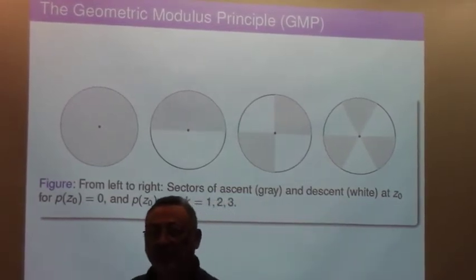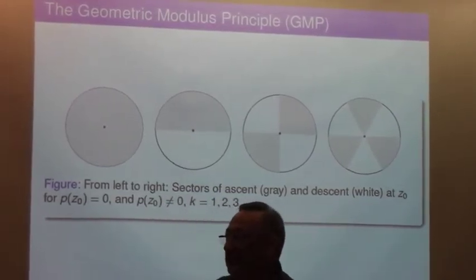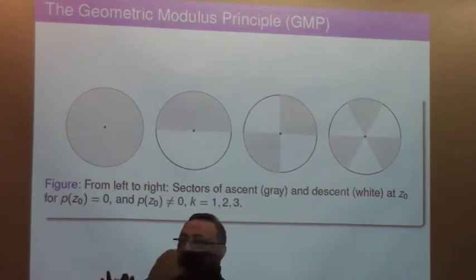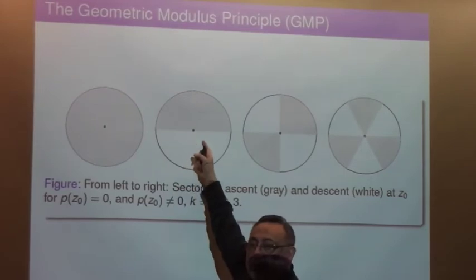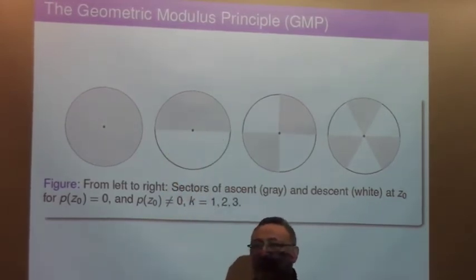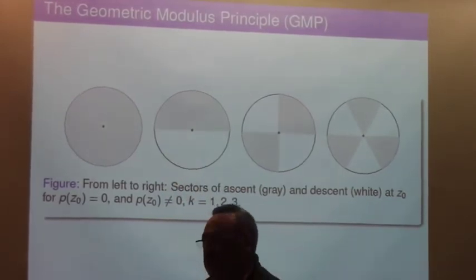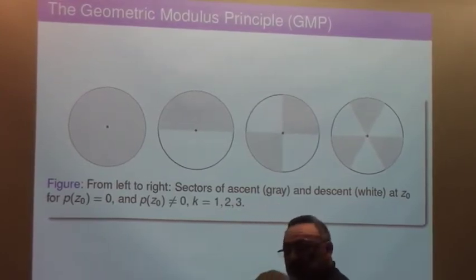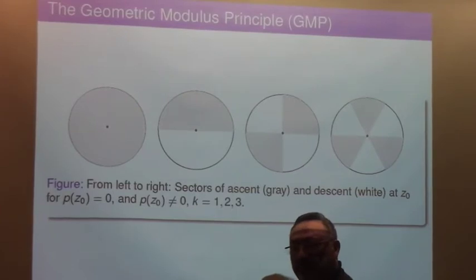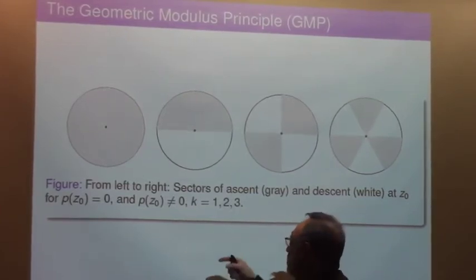Take any non-constant polynomial, take any point. If it's a zero, every direction is an ascent direction. If it's a typical point, 50% ascent, 50% descent. There is some neighborhood where it has this property. Ascent just means it's going up. I'm not saying how much. It may not necessarily be the same amount at every point.